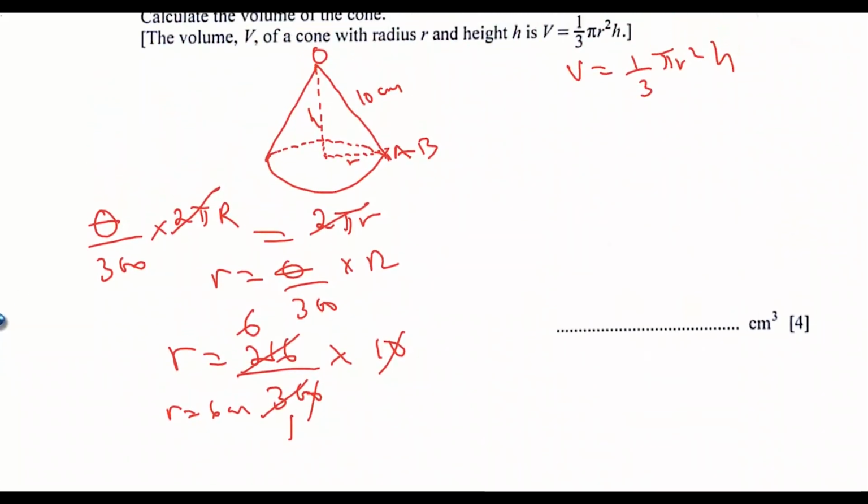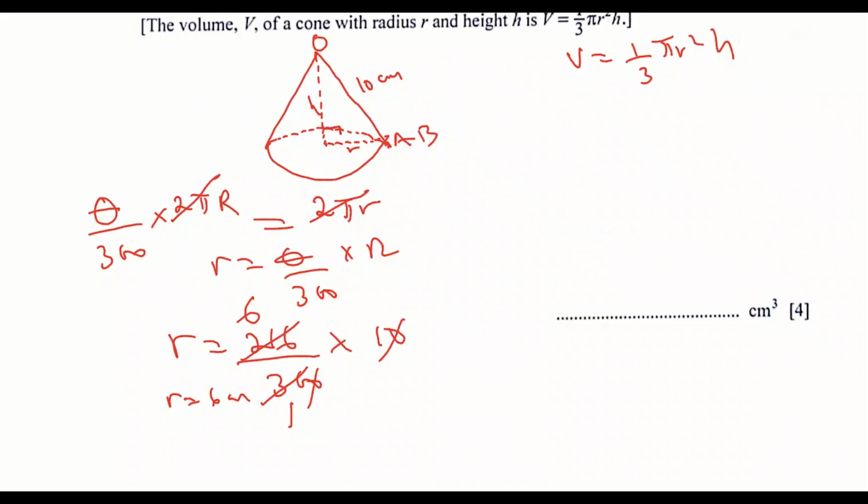So let's draw out this right angle triangle here. So we have something like this now. So this is point O, this is AB. Okay, so the slant height is 10 centimeters. The radius is 6 centimeters.